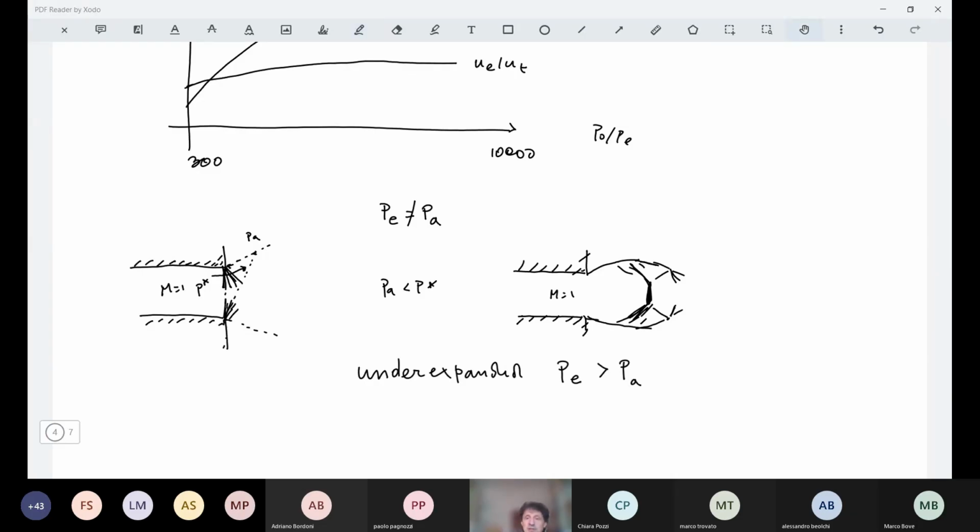So if the ambient pressure is less than the exit pressure, we could have expanded more. So we are in an underexpanded condition. This is a case of non-adapted nozzle.